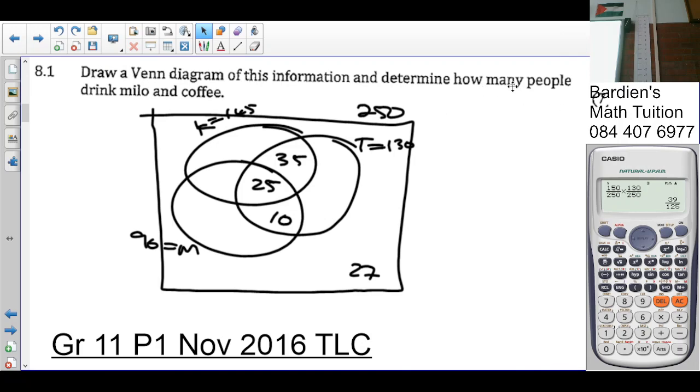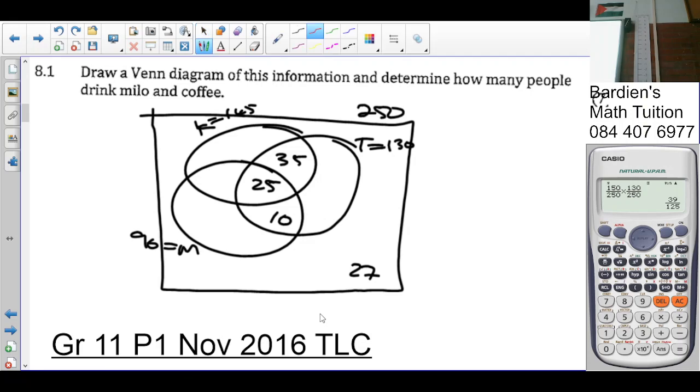I don't think I even answered that question in the memo. The question says, determine how many people drank Milo and coffee. So whatever this is, I had to add the two together and conclude it. I don't think I even did that. Okay, but anyway.